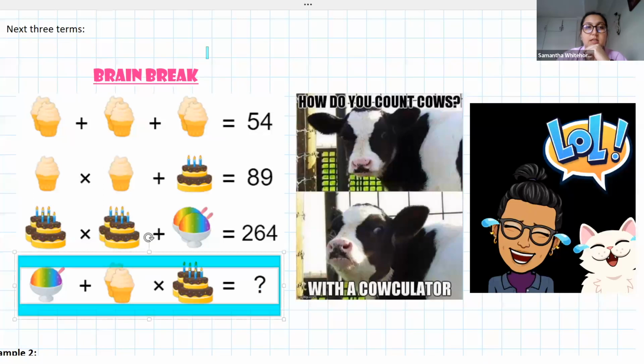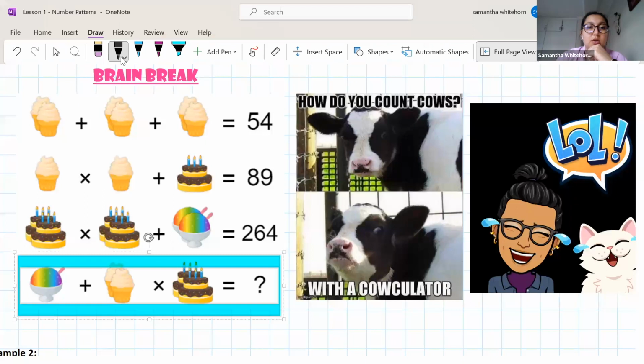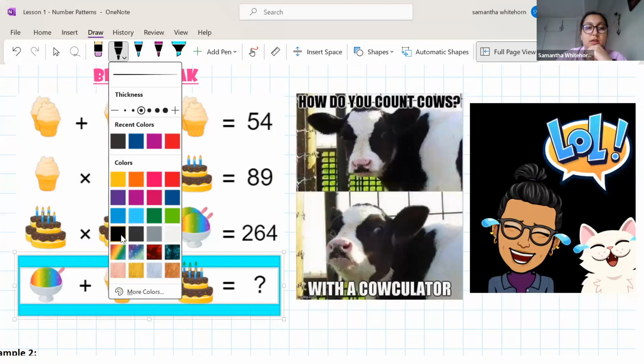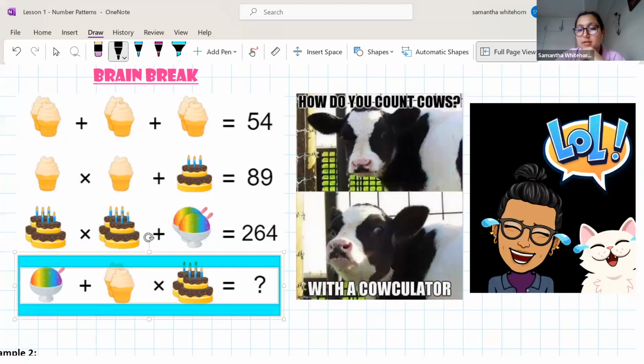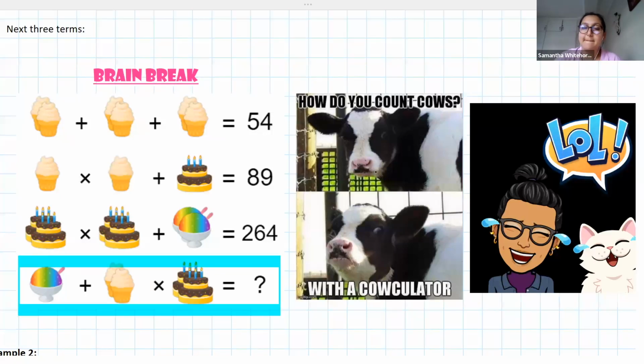So the first person to get it right will explain it for us. We look forward to seeing who that will be. I hope you enjoy the calculator joke. But otherwise, let's give the brain break a try. I just want to pop my lights on.